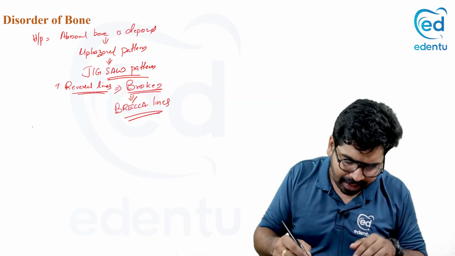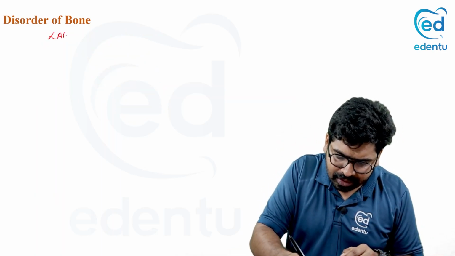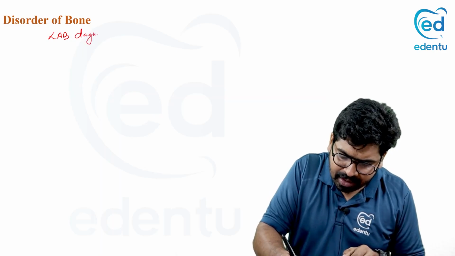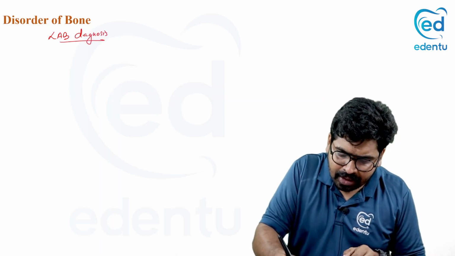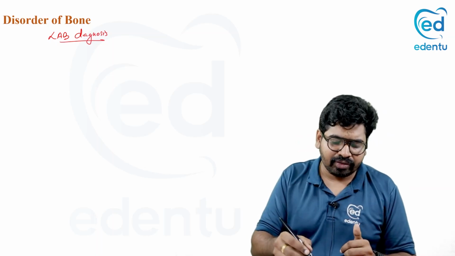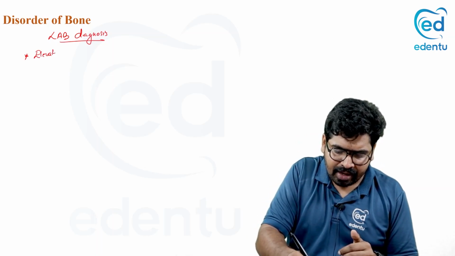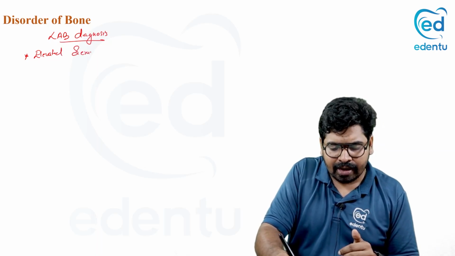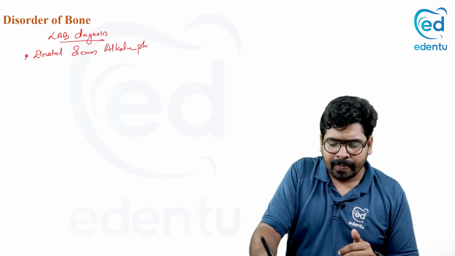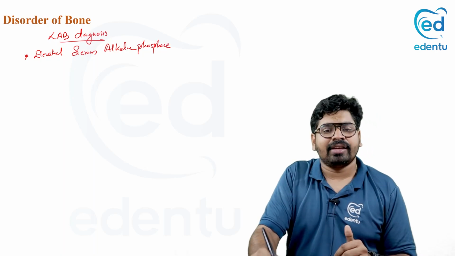Now coming to the lab diagnosis. It is a very important area in your Paget's disease. First thing you are seeing is an elevated serum alkaline phosphatase.